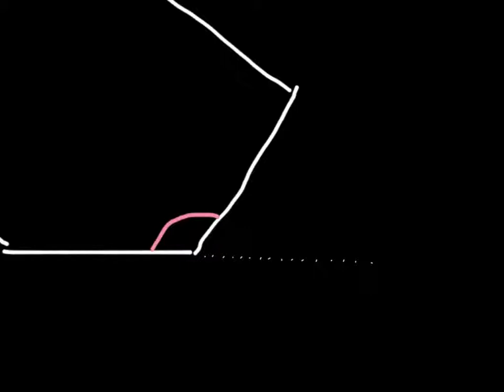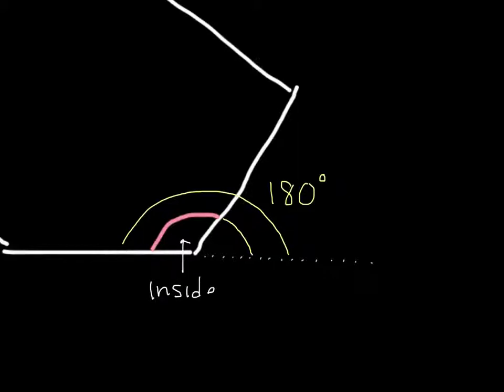Together they would make a straight line, which would be 180 degrees. So this would be the angle inside, and this would be the angle outside, and together they would make a line.